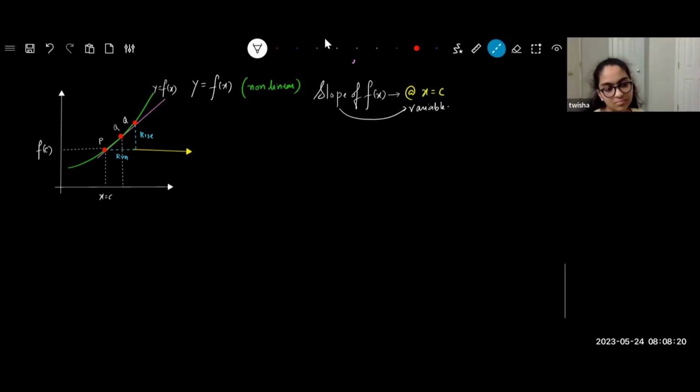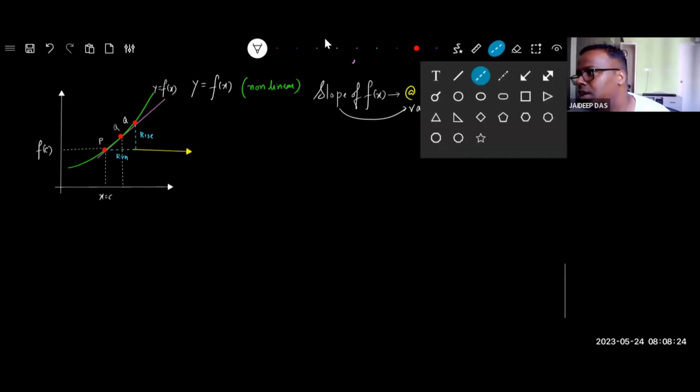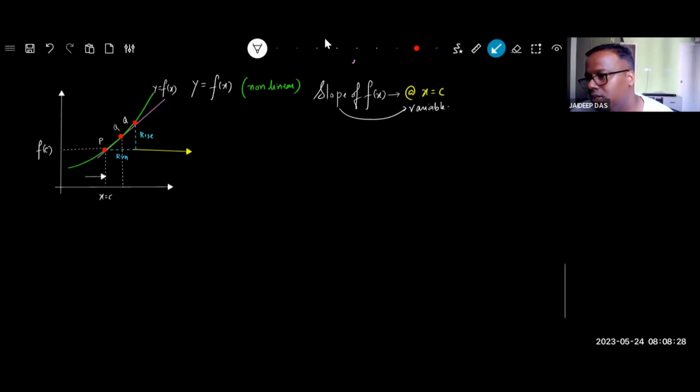And I would say that the difference she's trying to maintain between x equal to C and Q is a value known as H. Make sense?